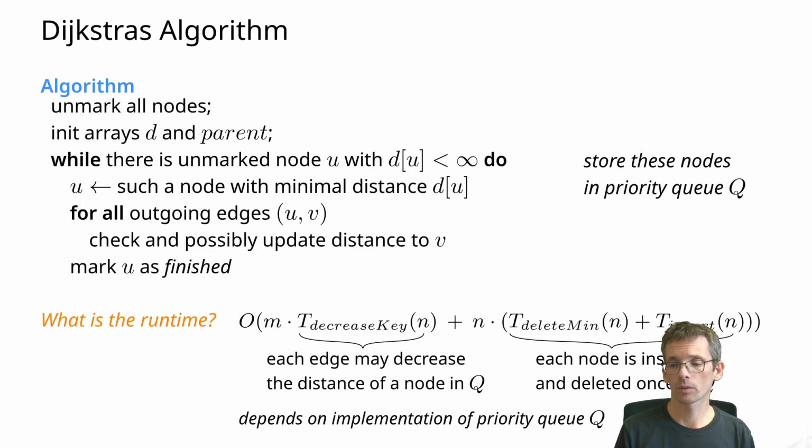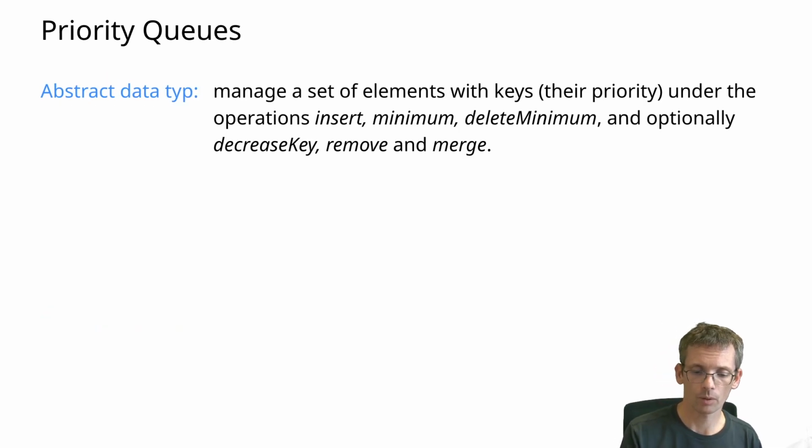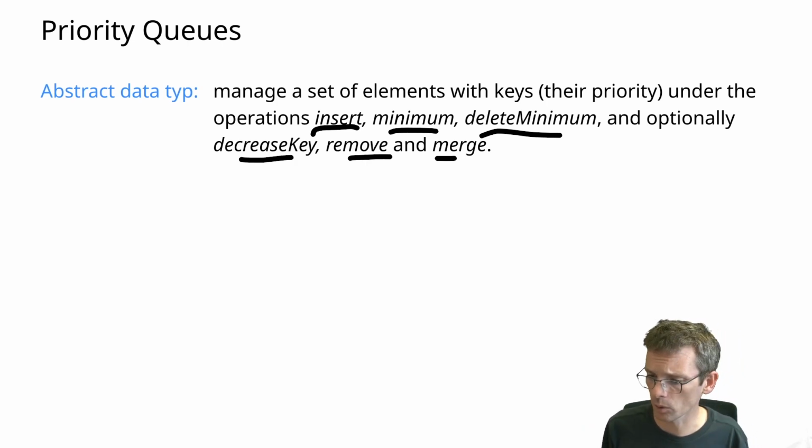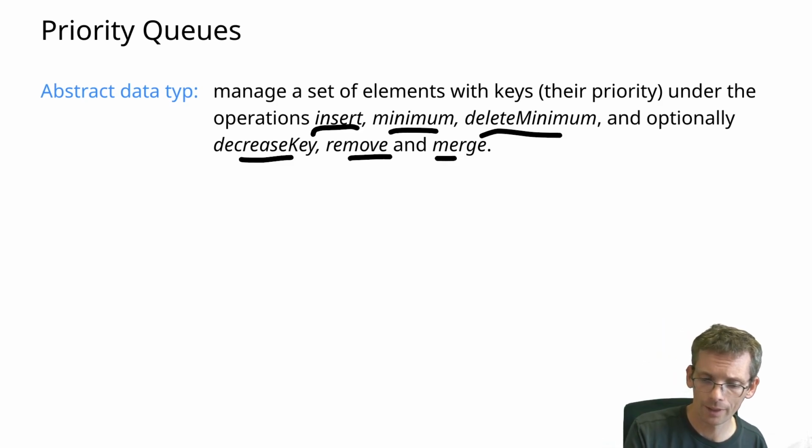Priority queues are an abstract data type where you want to be able to do insert, find the minimum, delete the minimum, and decrease key, and possibly also remove and merge. Remove and merge we're not going to look at, they're also not relevant for Dijkstra's algorithm. Let's focus on insert, delete minimum, and decrease key.